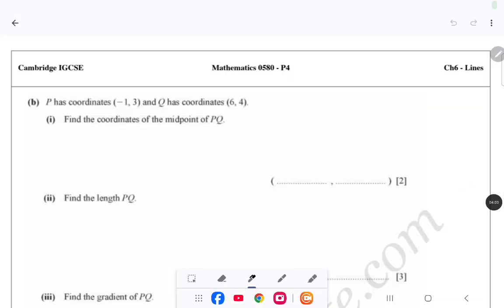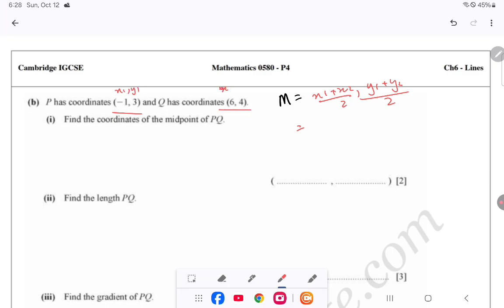Now for the midpoints, P has coordinates -1, 3 and Q has 6, 4. Now for the midpoint formula, M is equal to x1 plus x2 over 2, y1 plus y2 over 2. This is our x1, y1. This is our x2, y2.